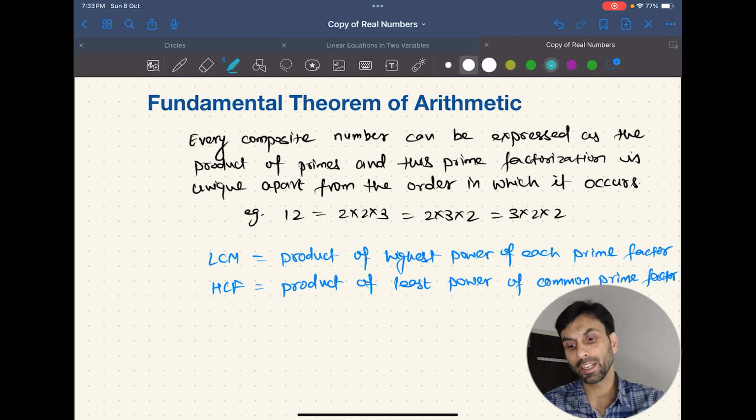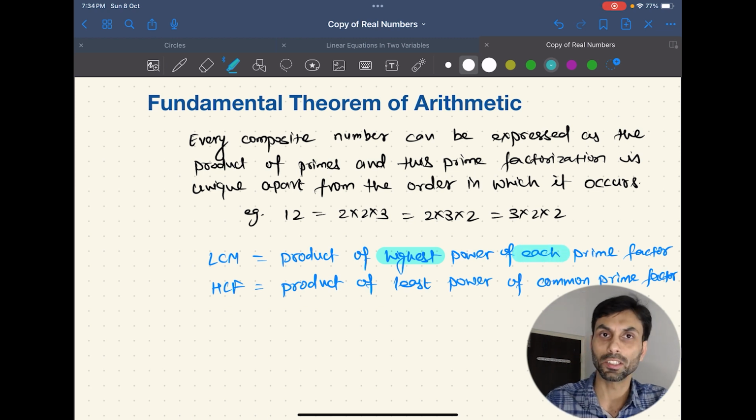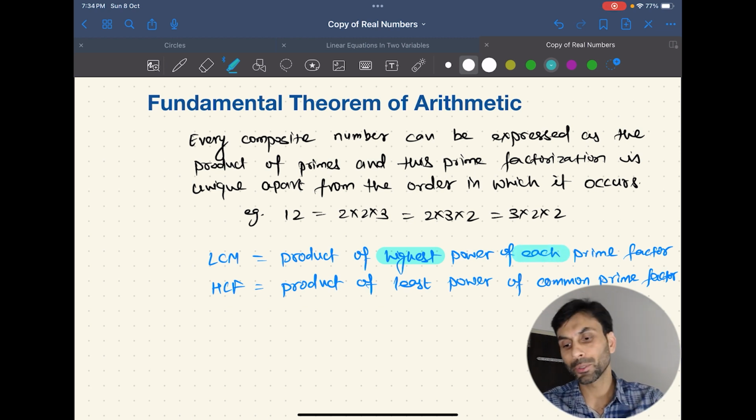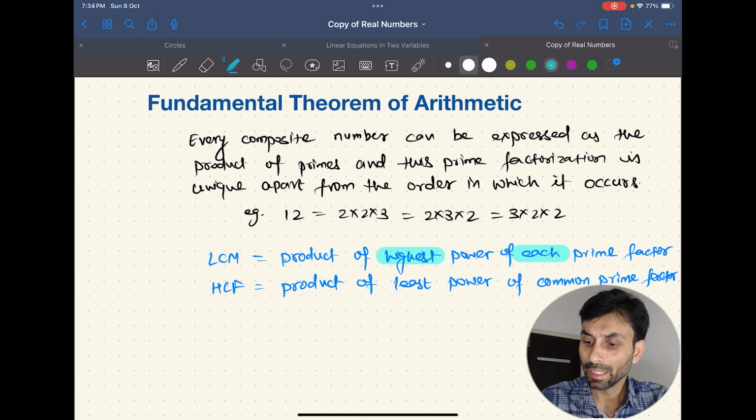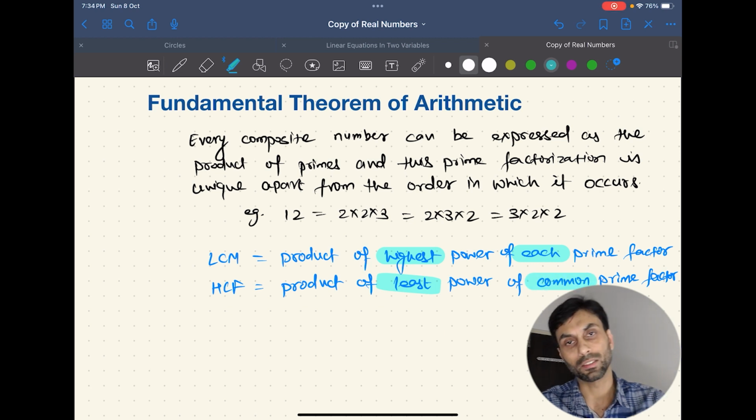What we need to remember here is that when it is about LCM, we take the highest power and we take each prime factor into consideration. Whereas when it comes to HCF, we take the least power and we take only the common prime factors. That means if we have two or more numbers, whatever factors are common, only those factors will be considered and we'll take the least power of them.